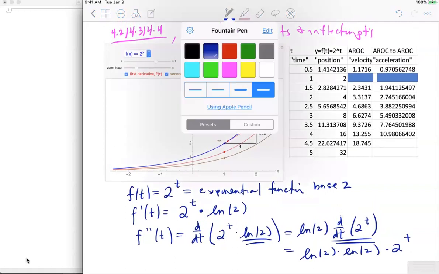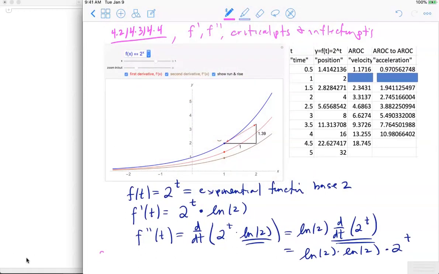So for example, f prime at 1, where 2 to the 1 is 2, would be 2 times the logarithm of 2, and f double prime at 1 would be 2 times the natural logarithm of 2 squared, right? So that's just purely the mathematics in taking the derivatives of an exponential function.